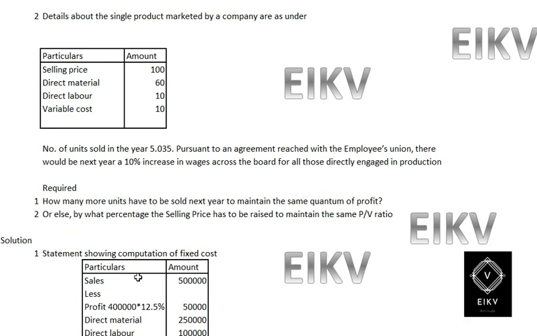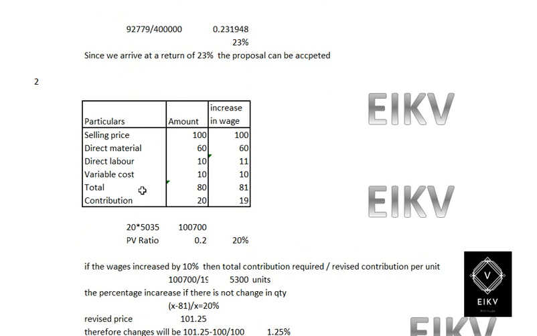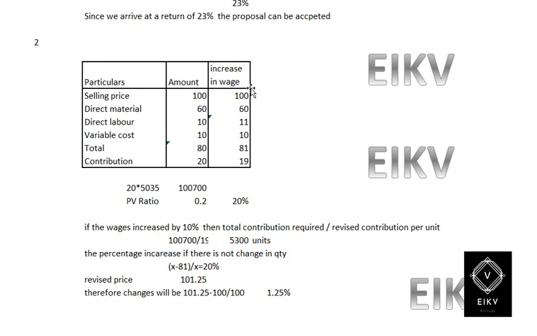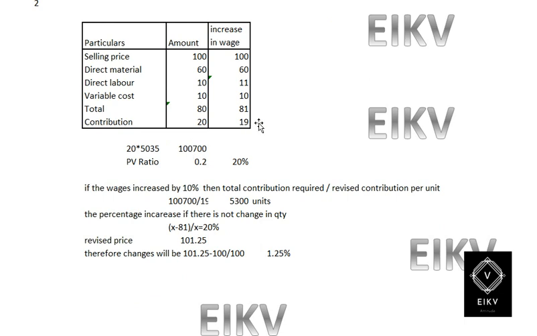On the second problem we should compute the profit. Selling price less direct material, direct labor and variable cost gives a contribution of rupees 20. Direct labor will increase by 1.1, and when the direct labor increases, there will be a decrease in contribution by 1 rupee.